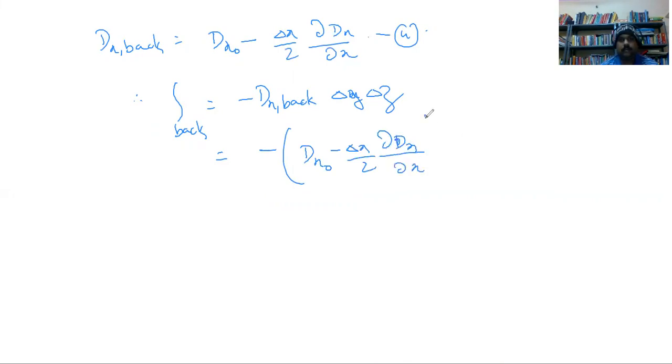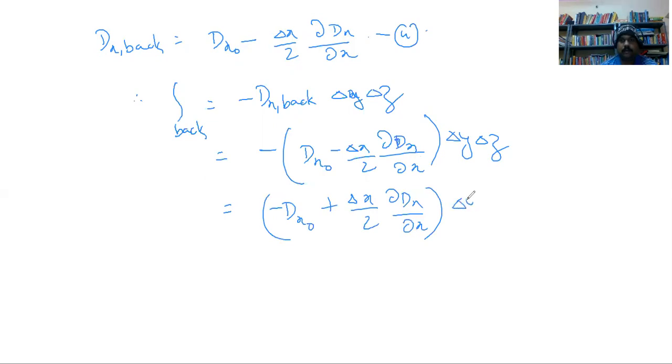So this is minus Dx naught plus delta x by 2 into delta y into delta z. And this is equation 5.